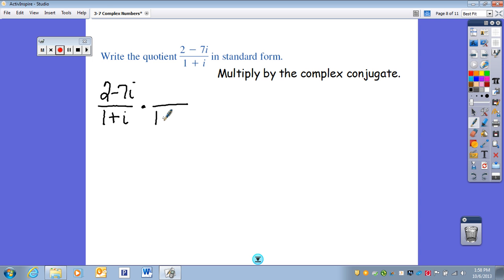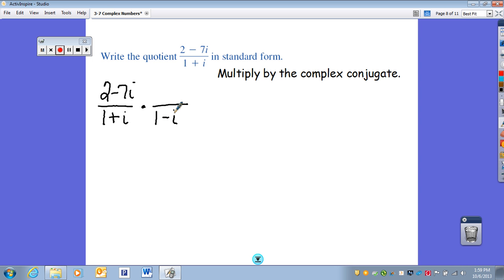So it'll be 1 minus i. And we do that to both the numerator and the denominator, and that will eliminate the imaginary portion in the denominator. So we'll start by foiling the numerator.